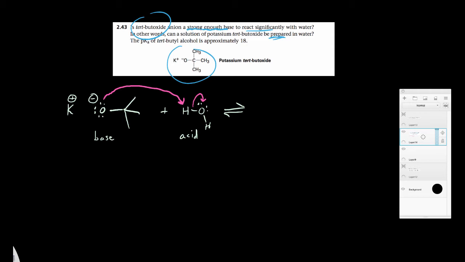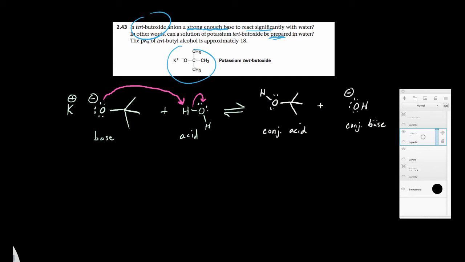And let's draw the conjugate acid of the base. So now this is the conjugate acid of our tert-butoxide, which is tert-butanol. And then what happened to our acid? Well, it became the conjugate base, OH minus.